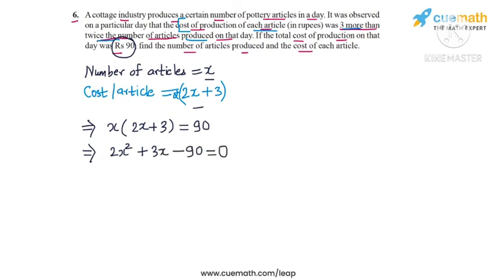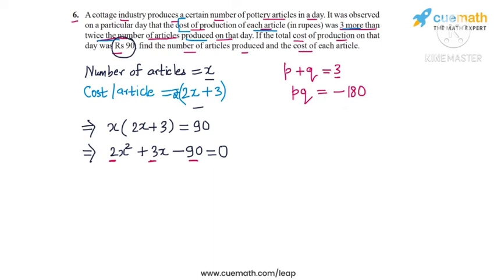Now to solve this quadratic equation, we will factorize by splitting the middle term. So to split the middle term, we need two numbers whose sum is 3, the coefficient of x, and whose product is the coefficient of x square, which is 2, times the constant term, which is minus 90. So this is minus 180. So what are the two numbers whose sum is 3 and whose product is minus 180?